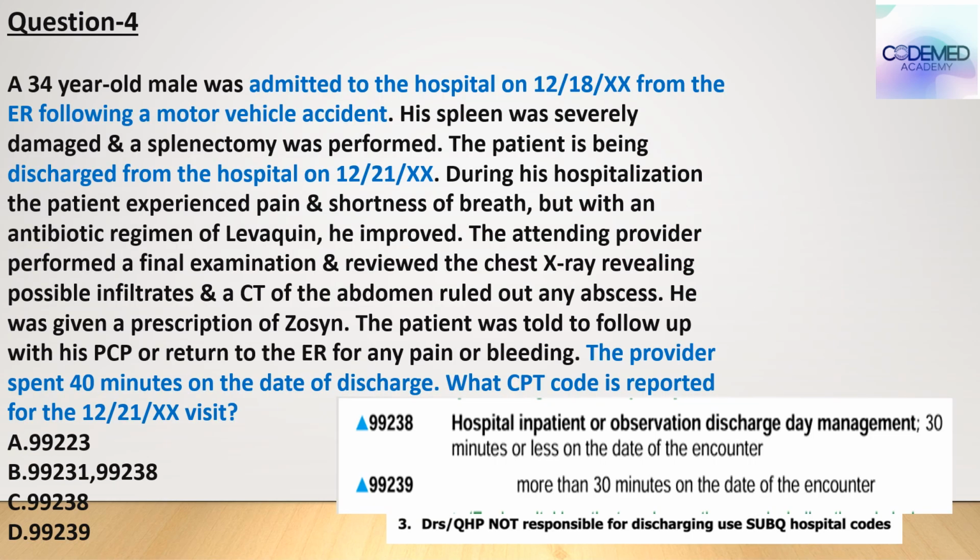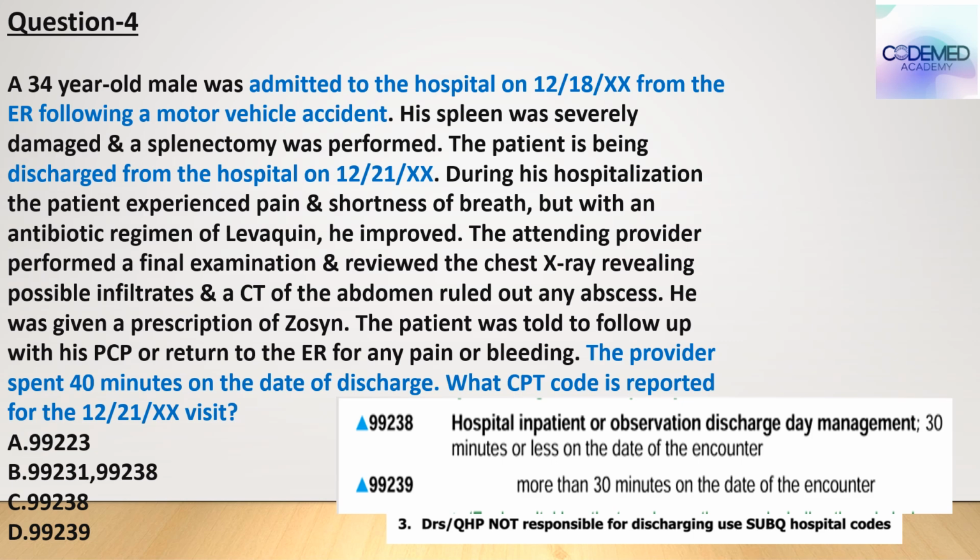A 34-year-old male was admitted to the hospital on 18th of December from the ER following a motor vehicle accident. His spleen was severely damaged and a splenectomy was performed. The patient is being discharged from the hospital on 21st of December. During his hospitalization, the patient experienced pain and shortness of breath, but with an antibiotic regime of Levaquin, he improved.